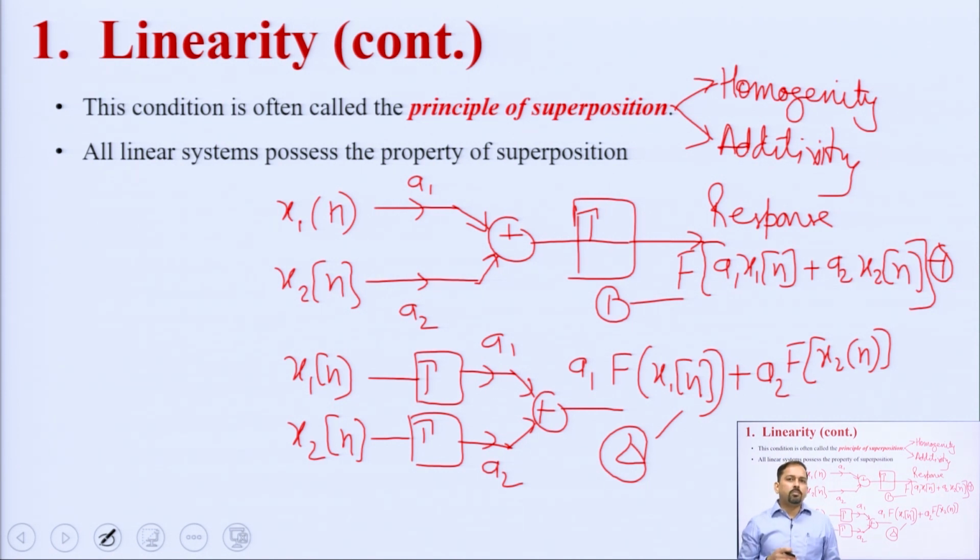In various numericals, we go for additivity first. If any one of these properties is not verified, then linearity is not verified, meaning the principle of superposition is not verified.